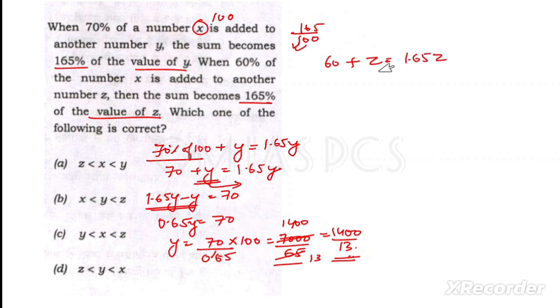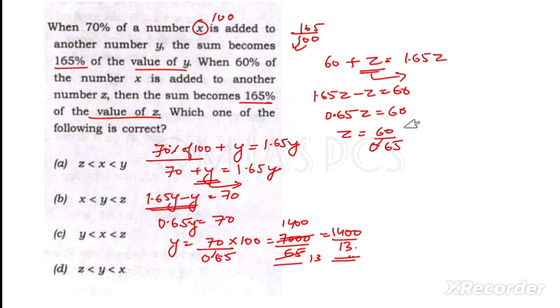Again we can take this to the right side, so 1.65 z minus z is equal to 60. So we get 0.65 z is equal to 60. So z is equal to 60 by 0.65, so we get 6000 by 65. Finally this is 1200 by 13.